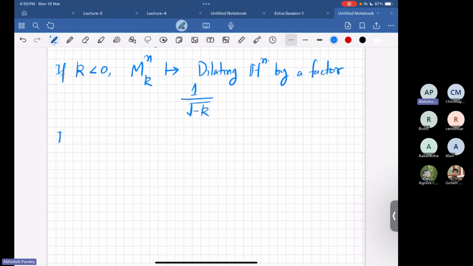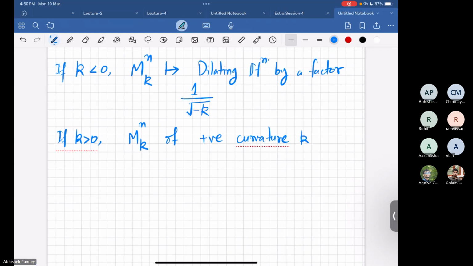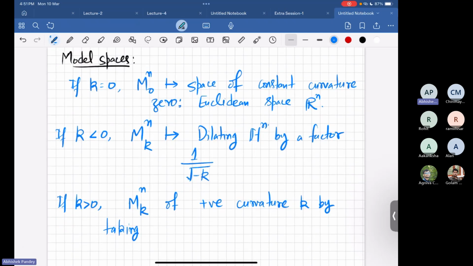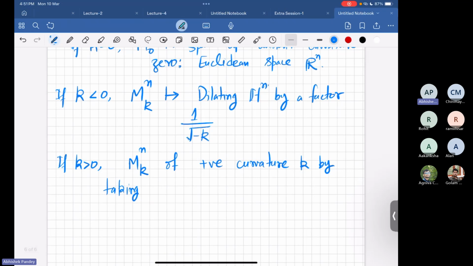If k is positive, our model space M_k^n has positive curvature k. Any idea what we are going to do here? For constant curvature 0 we have taken R^n. For negative curvature we have taken the upper half space, dilated by the factor 1 over root of minus k, so that it has constant curvature k.